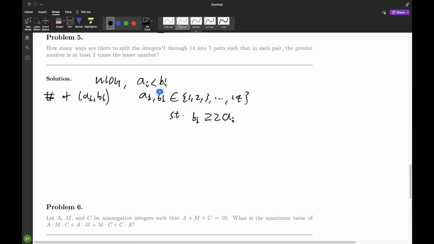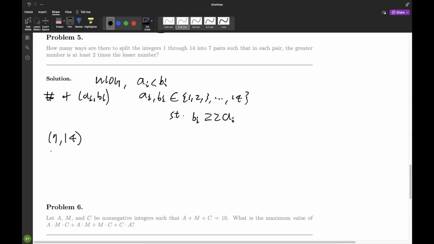Okay, then if we have 7, what should be our pair here? If you have 7, then the other one must be 14, right? We don't have any other choice than 14.